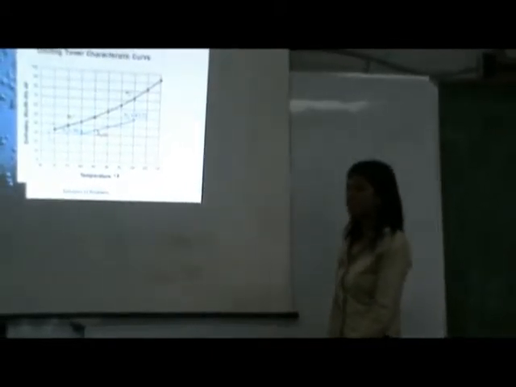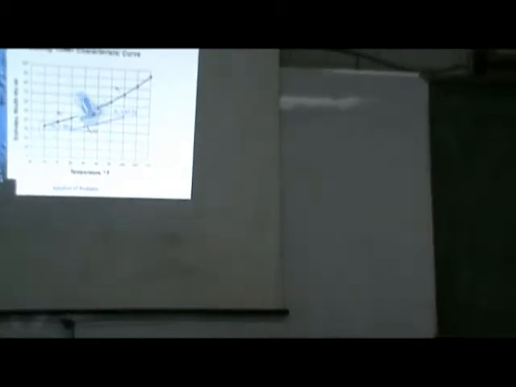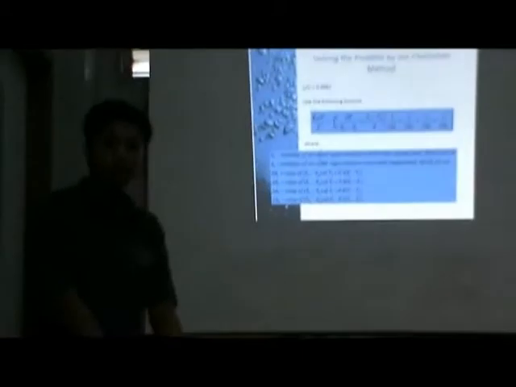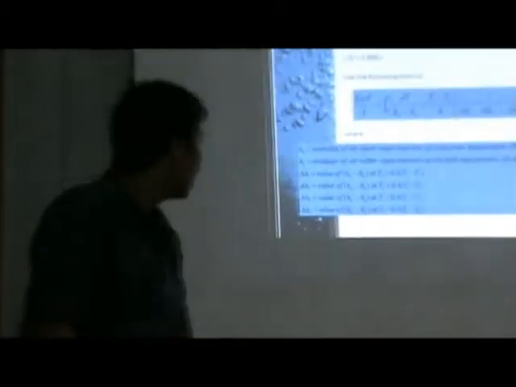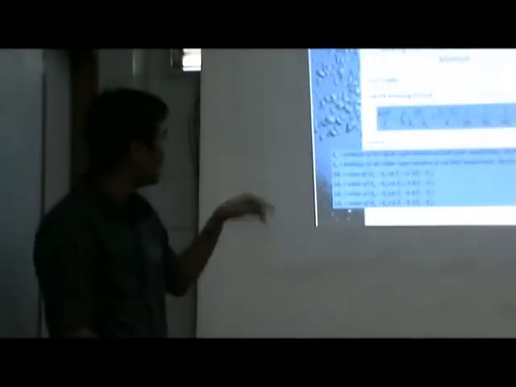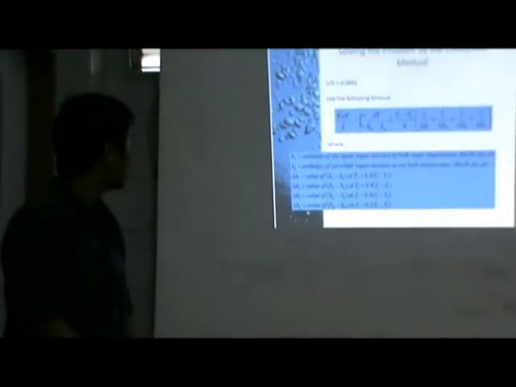For the Chebyshev method here, now we're going to use the Chebyshev method to calculate the tower characteristics of the cooling tower. So basically, the Chebyshev method is an equation-type method. So this is the equation, where KaV over L is equal to the temperature range over 4, times the enthalpy differences of the cooling tower.